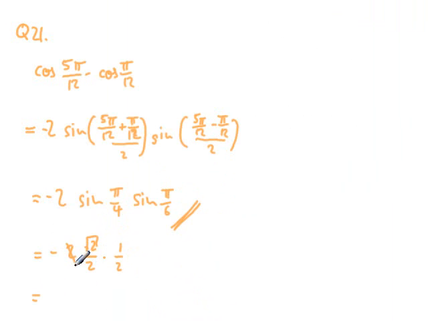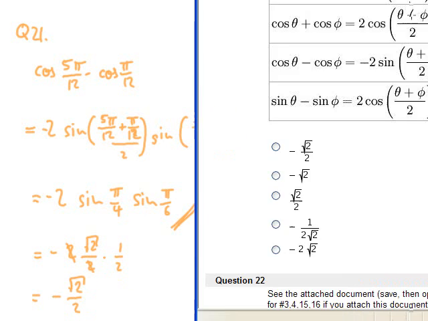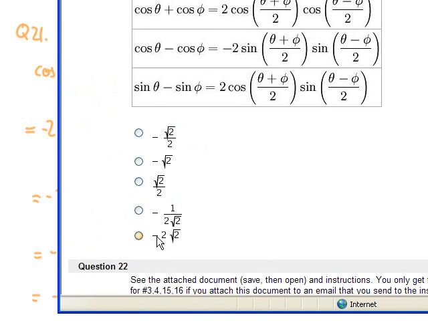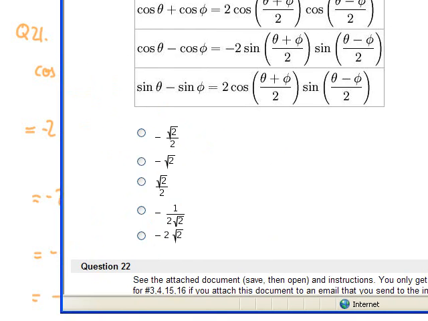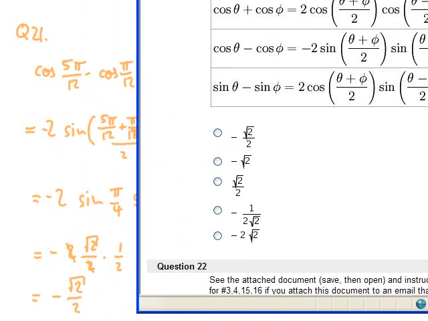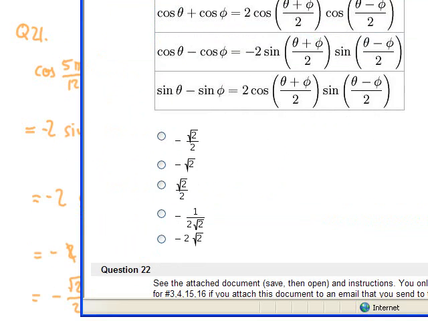And so one of these two divides, and I'm going to have negative square root of 2 over 2. And that one is, which one? Did I do this too quickly? Oh, it's the first one. There we go.